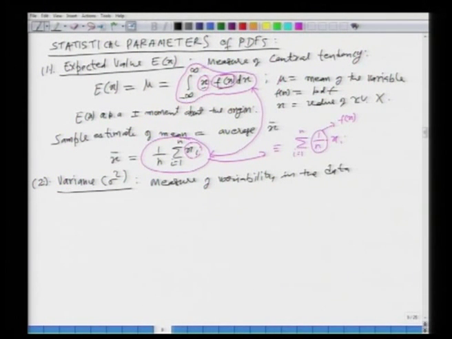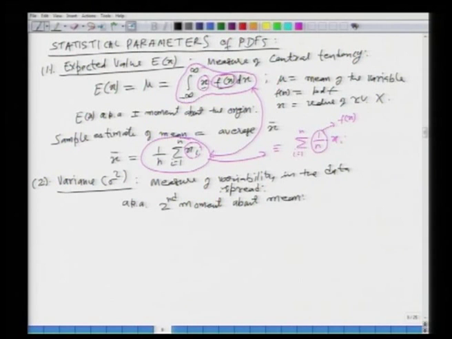And it is also called a measure of the spread in the data, how the data are spread around the mean. Okay. And this is also known as the second moment. Known as what? The second moment about not the origin, but the mean.